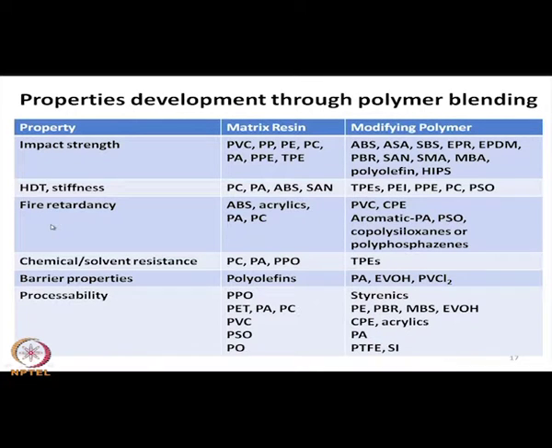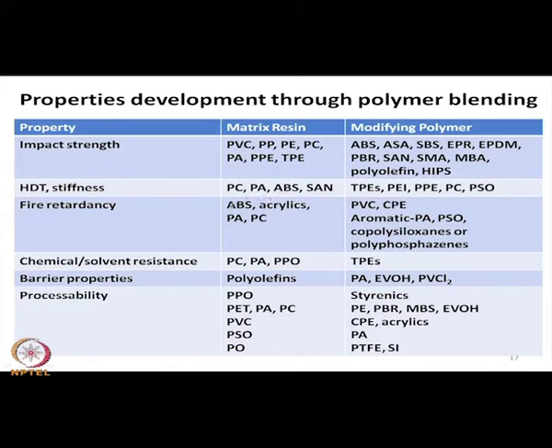Fire retardancy can also be improved in a polymer which is not fire retardant or which is not resistant to flame. So, ABS, acrylonitrile butadiene styrene, acrylics, polyamide, polycarbonate, their fire retardancy is not good.